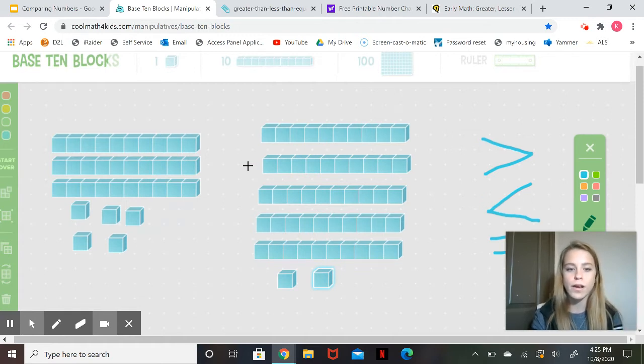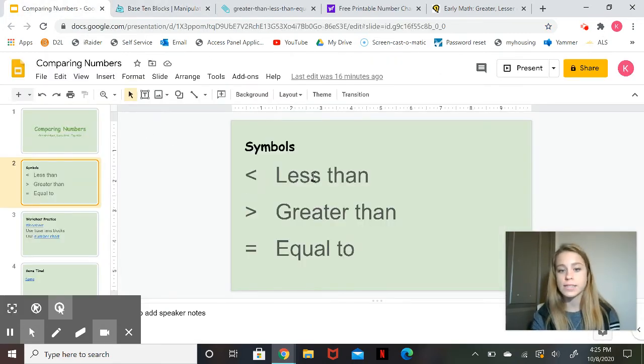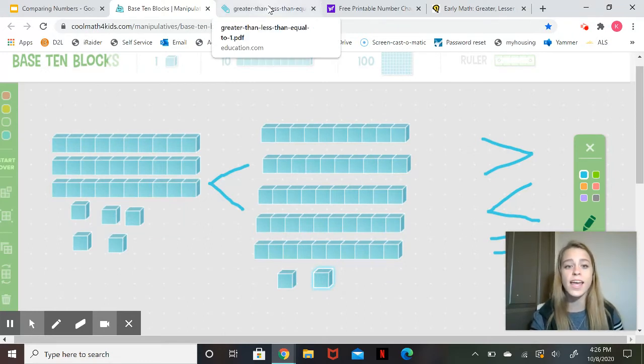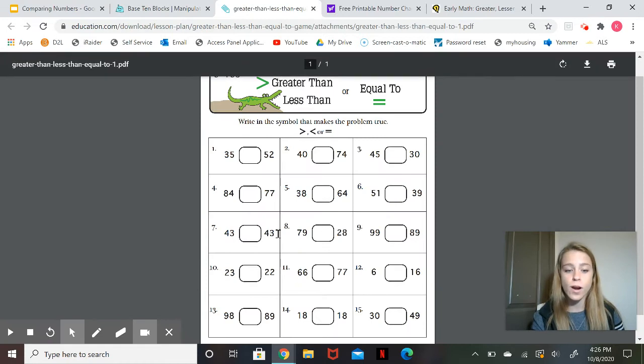So we're going to go ahead and draw it like that. So we're going to read that, and it's going to read 35 is less than, because if we go back, it's less than. That's the symbol that we used, less than. 35 is less than 52, right?